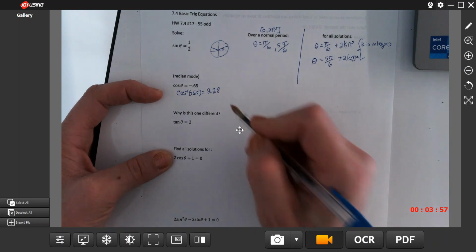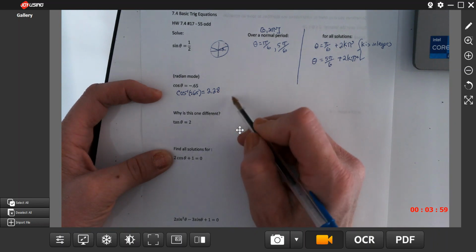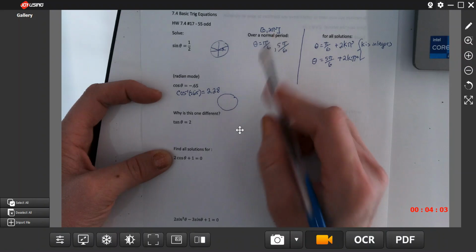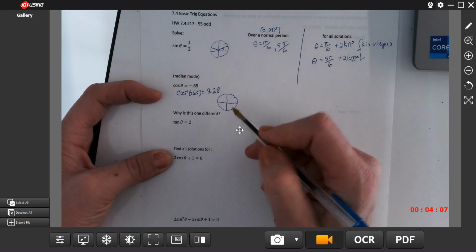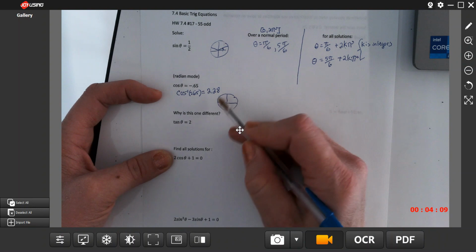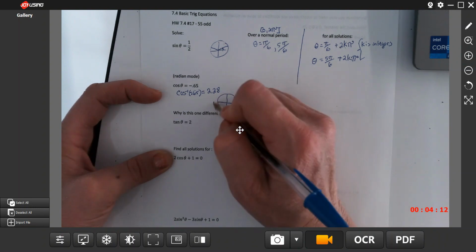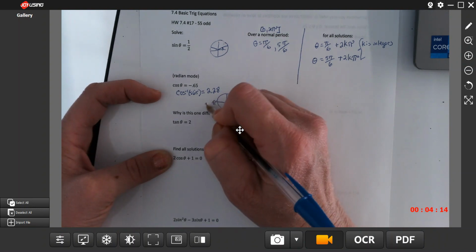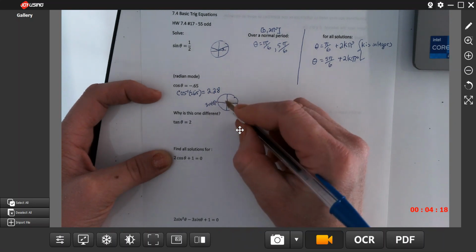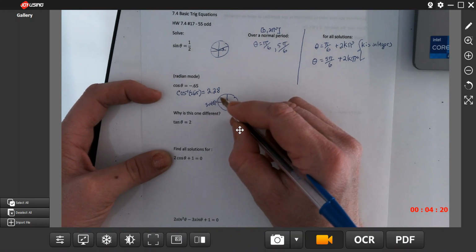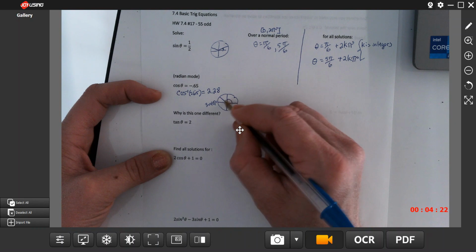But that's an angle. So wherever that angle is, there's always another one, right? There's always two if we're considering a full period. So if I do a rough sketch of my unit circle, and remember that pi is over here, and pi is approximately 3.14, so pretty close to 3, 2.28 would be somewhere in quadrant 2.